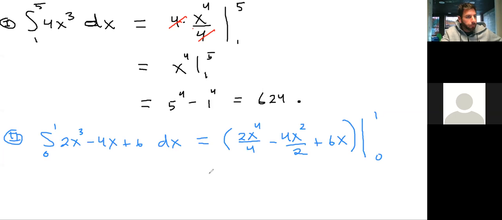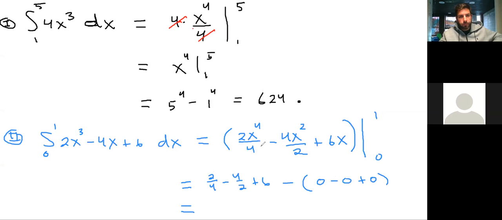Now, what we do is we first plug in 1. When I plug in 1, I get 2/4 minus 4 over 2 plus 6. Then I have to subtract what happens when I plug in 0, which is 0 minus 0 plus 0. You might say, why did you write that?